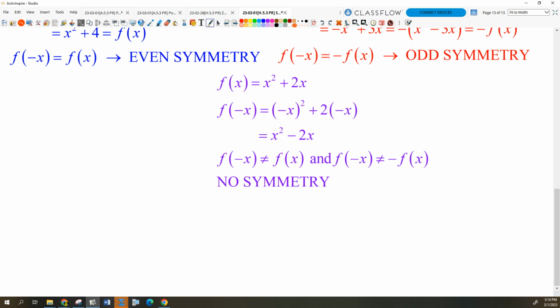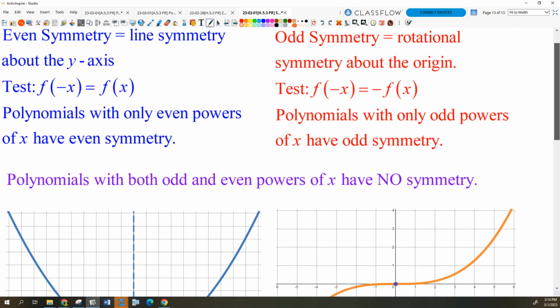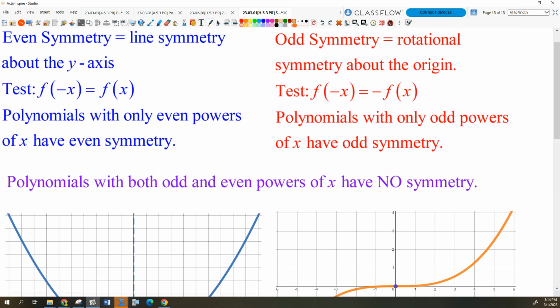So f of negative x is not equal to the original f of x, nor is it equal to the opposite, right? It's not equal to either one of those, and so there's no symmetry. So our shortcut then, we know that polynomials with both odd and even powers of x contaminate both symmetries and you get nothing. Okay? Make sense?